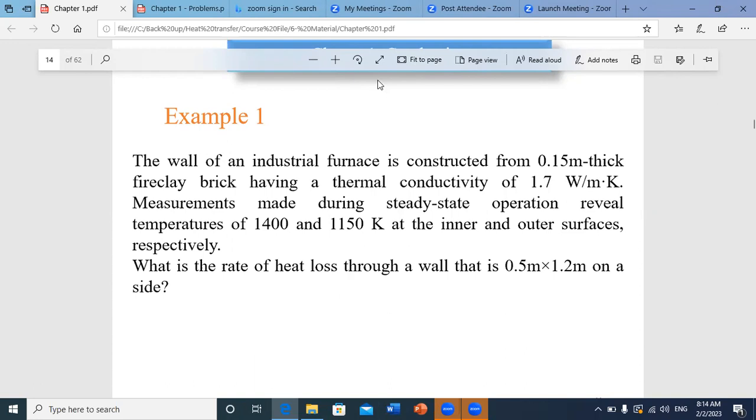So this is a straightforward example to show you how we can calculate the rate of heat loss by conduction in case of steady state. All you have to do is make a small scheme to put what you know about this problem. From one side you have a temperature of 1,400 Kelvin, and from the other side you have a smaller temperature of 1,150 Kelvin.